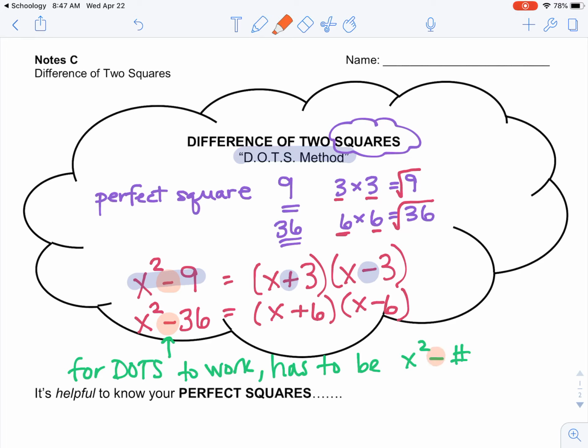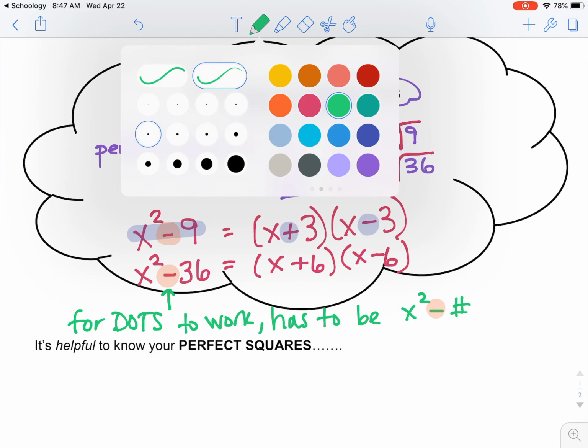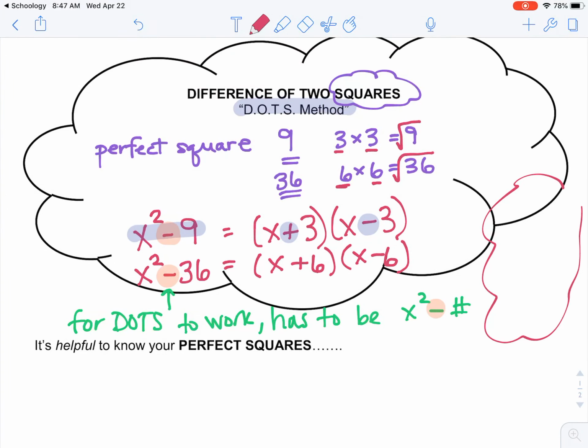It has to be a minus here. Okay, if you ever have x squared plus your number, you cannot factor it. And when you cannot factor something, it is called prime.